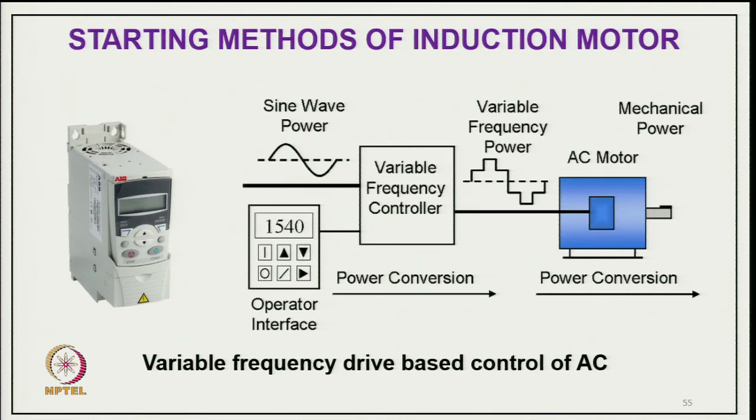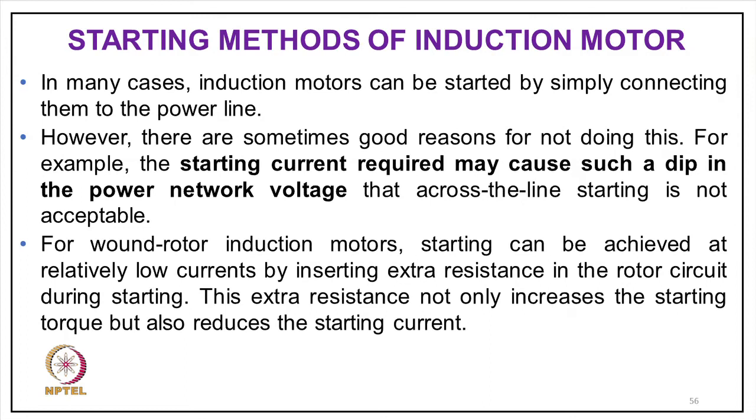This drive is available from different manufacturers like ABB, Siemens, Toshiba, Mitsubishi. There are plenty of drive manufacturers, and you will find Delta developing variable frequency drives for these motors, and certainly many industries use them because they are able to precisely maintain the requirement of the load characteristic with the help of variable speed drives.